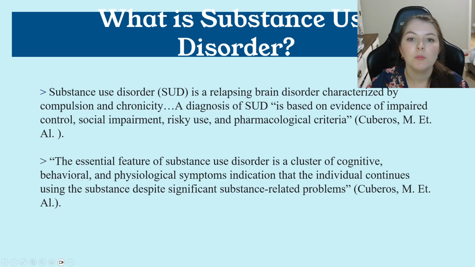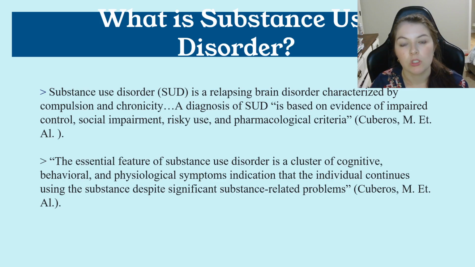So what is substance use disorder? Substance use disorder is a very complex and chronic condition that affects the brain and the behavior of the person using. It leads to a compulsive use of substances despite all of the negative consequences that come from it. It's characterized by a persistent and intense desire to use a particular substance.